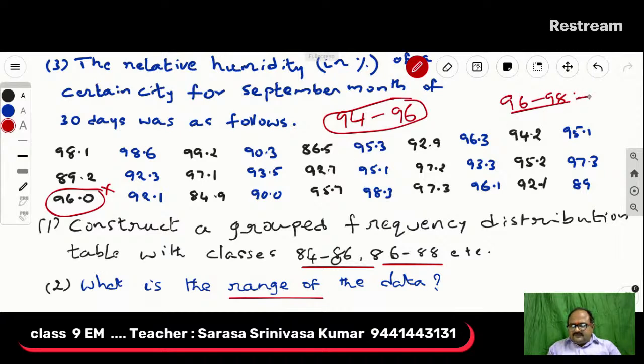So 96 is considered in the class interval 94 to 96? No. Here is one observation. This is second observation. This is third observation.